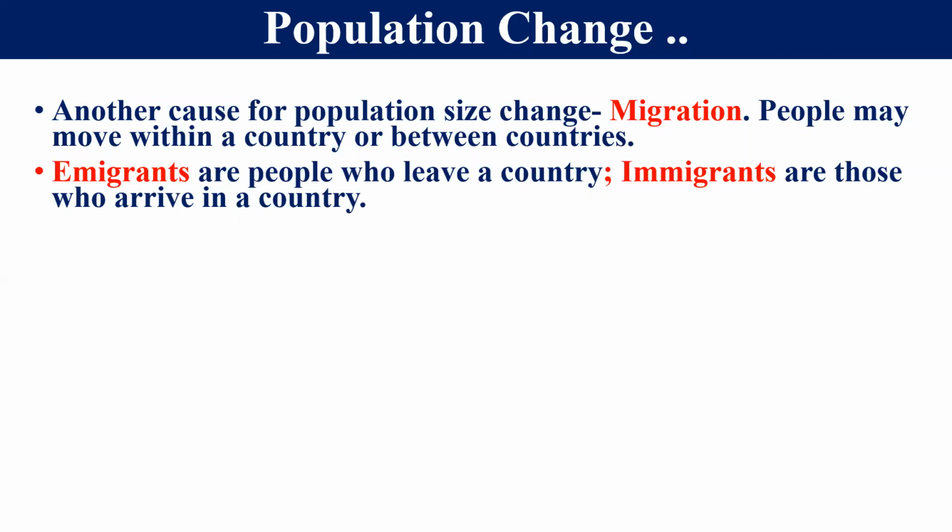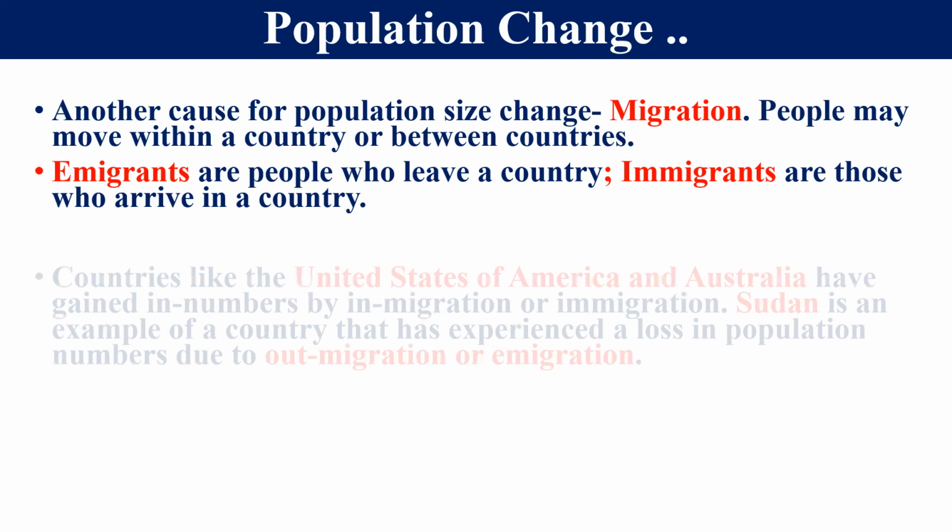Emigrants are those people who leave a country, and immigrants are those people who arrive in a country. If I am migrating from India to USA, then in the context of India, I am an emigrant, but in the context of USA, I am an immigrant.